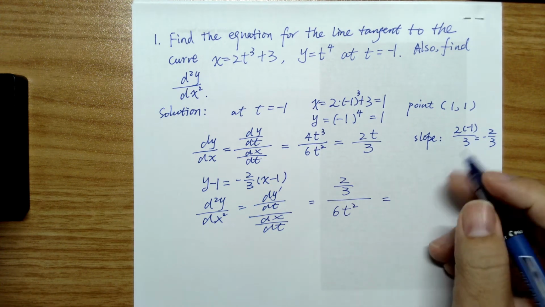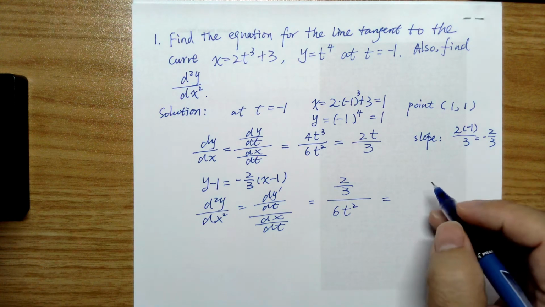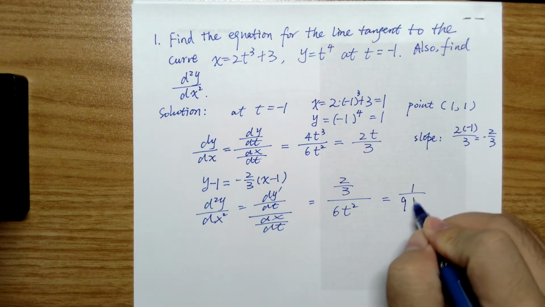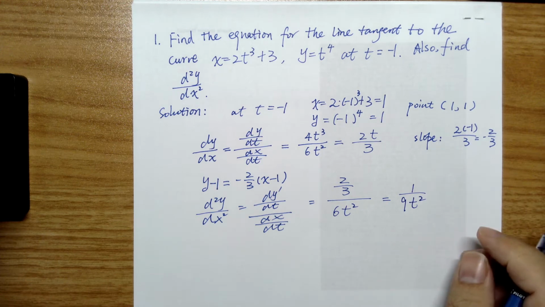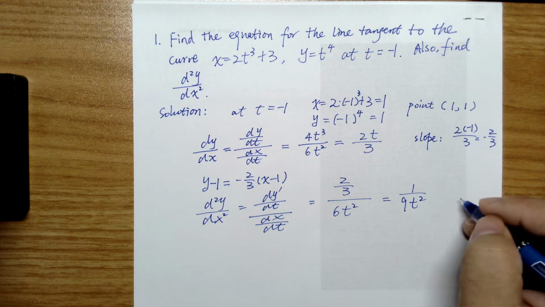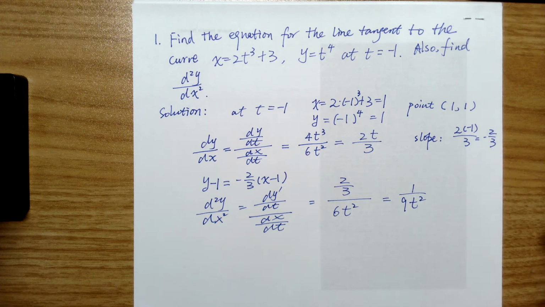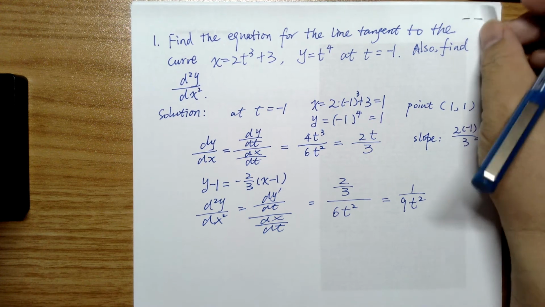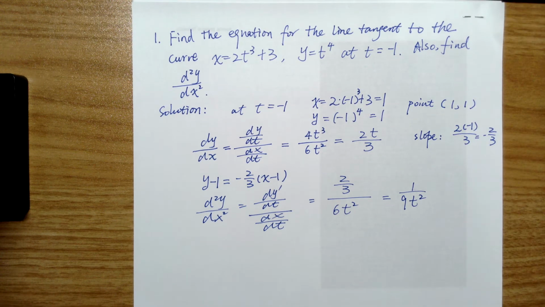So it turns out what you have here is 1 over 9t squared, right? So if you plug in t equals -1, you're going to have 1/9. Okay, so that's the first problem we want to talk about.